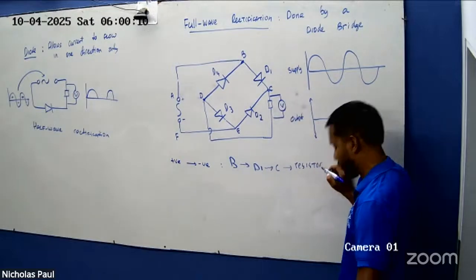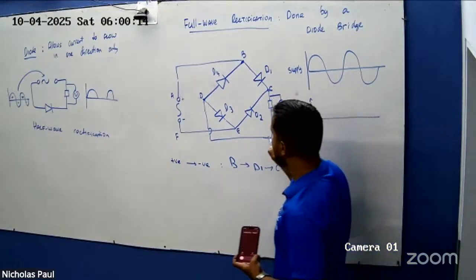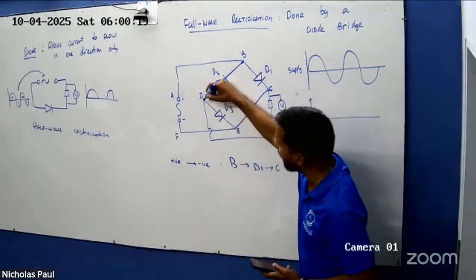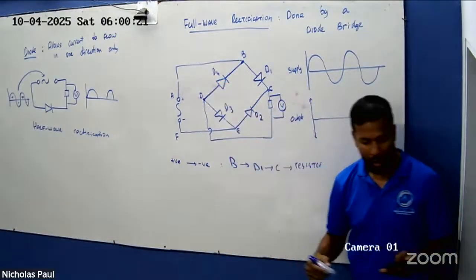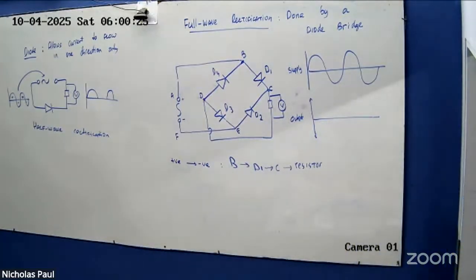It will go through the resistor. You okay with that? When it goes through the resistor, it will reach up here. Let's see what will happen when it reaches right here.